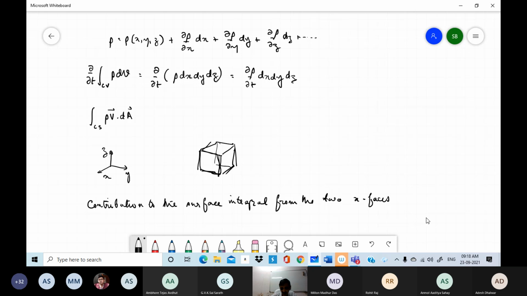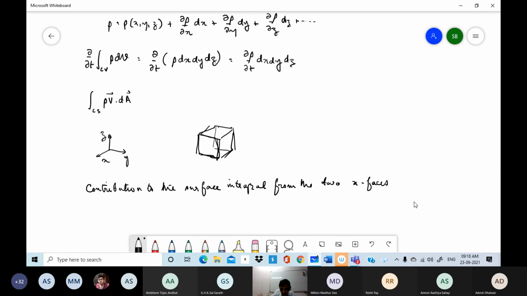So I use the shorthand term x faces to mean the faces which have their normal in the x direction.